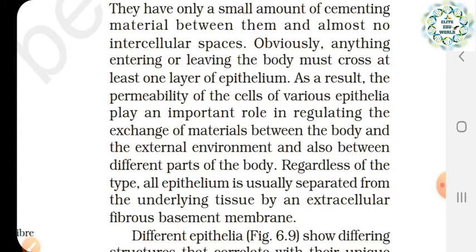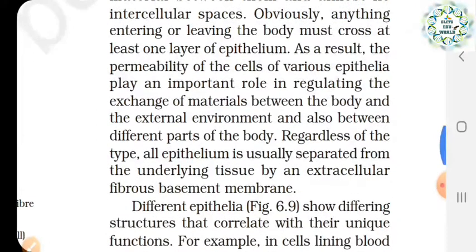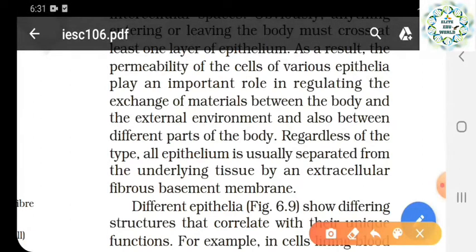As a result of the permeability, the cells of various epithelia play an important role in regulating the exchange of material between the body and the external environment. It is a permeable tissue, so it provides a very important function between the body and the external environment and also between the different parts of the body.